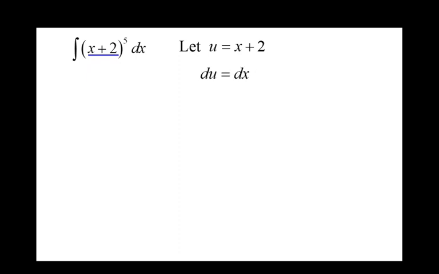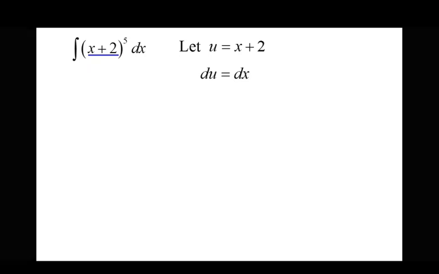Then I'm going to take the derivative of both sides, very similar to what we did with the chain rule in derivatives. So the derivative of u is du, and the derivative of x plus 2 is 1. Now technically I am skipping a step here, because you should get du over dx equals 1, and then you multiply both sides by dx to get du by itself. And that's where I get here.